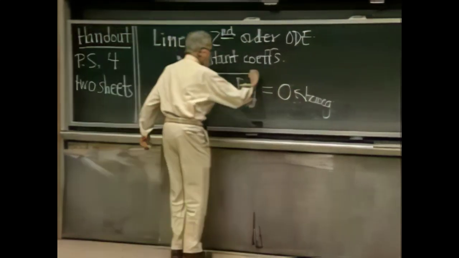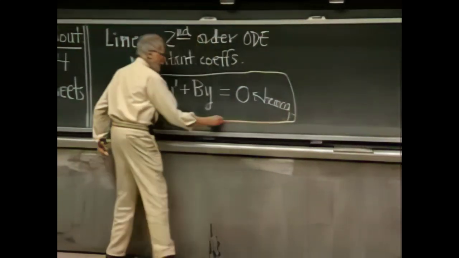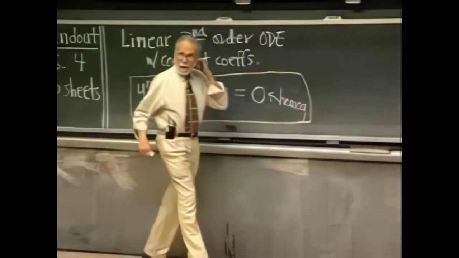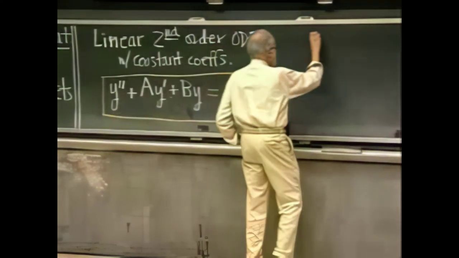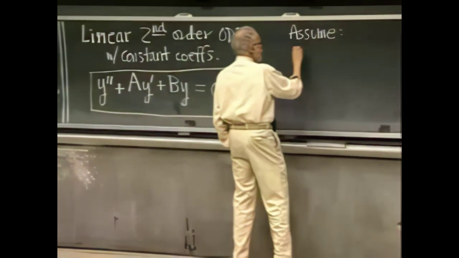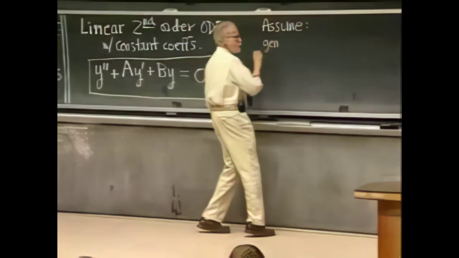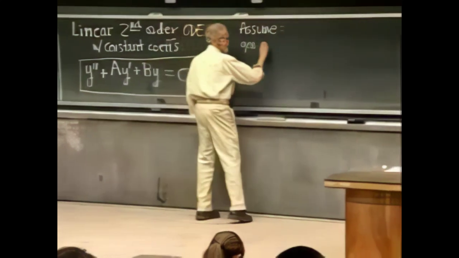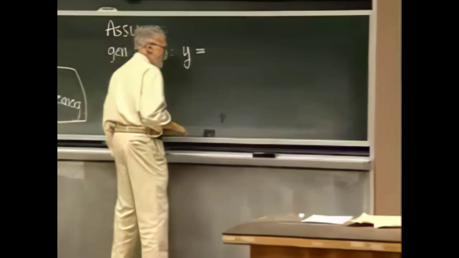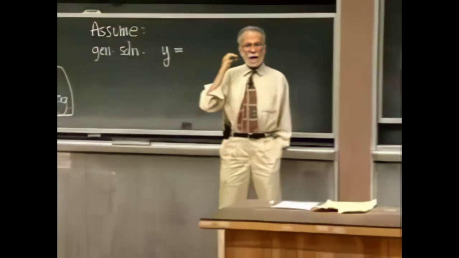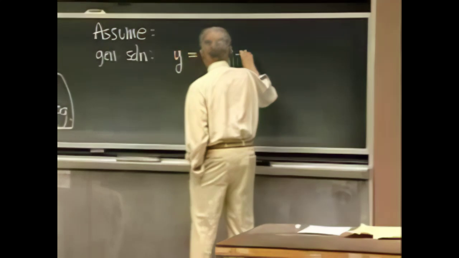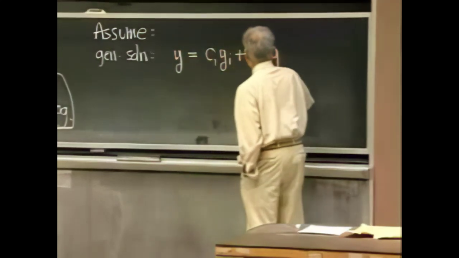So what I'm going to assume, and we'll justify it in a couple of lectures, is that the general solution, that is the solution involving arbitrary constants, looks like this. y is, the arbitrary constants occur in a certain special way. They're c1 y1 plus c2 y2.